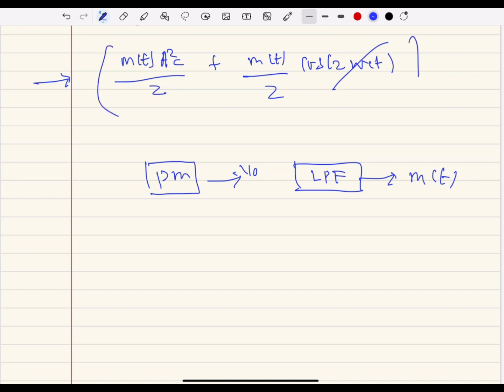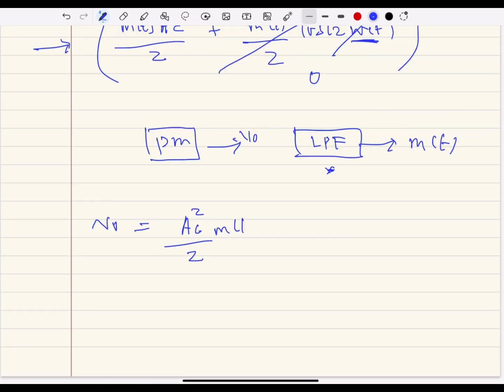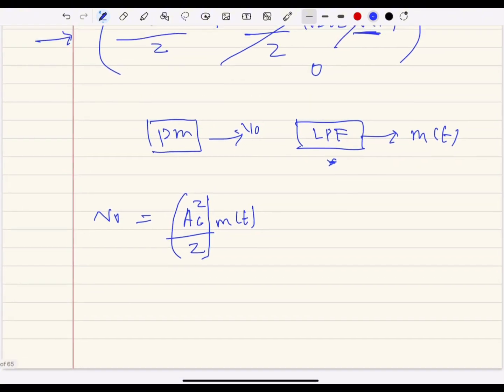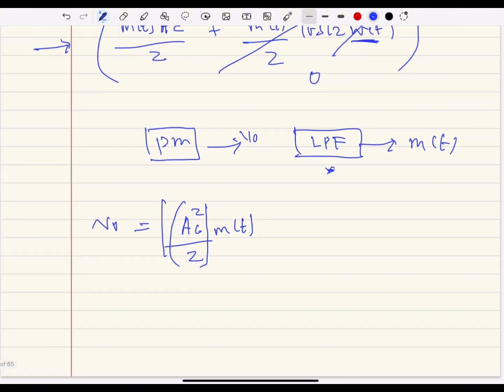Because this term contains a higher frequency, which is the carrier frequency, the low-pass filter is going to attenuate it, and therefore it will go to 0. Now, the output of the low-pass filter is going to give me AC squared over 2 m of t. And you can see that the message signal is a scaled version of the original.